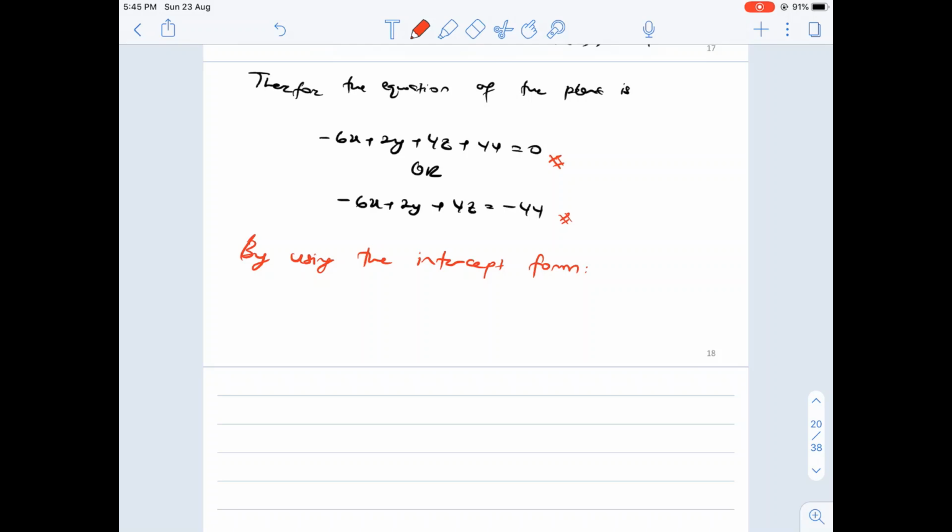We can divide everything by negative 44, so make sure the value on the right hand side is equal to 1. So divide everything by negative 44: negative 6x divided by negative 44 plus 2y divided by negative 44 plus 4z divided by negative 44 equals 1.